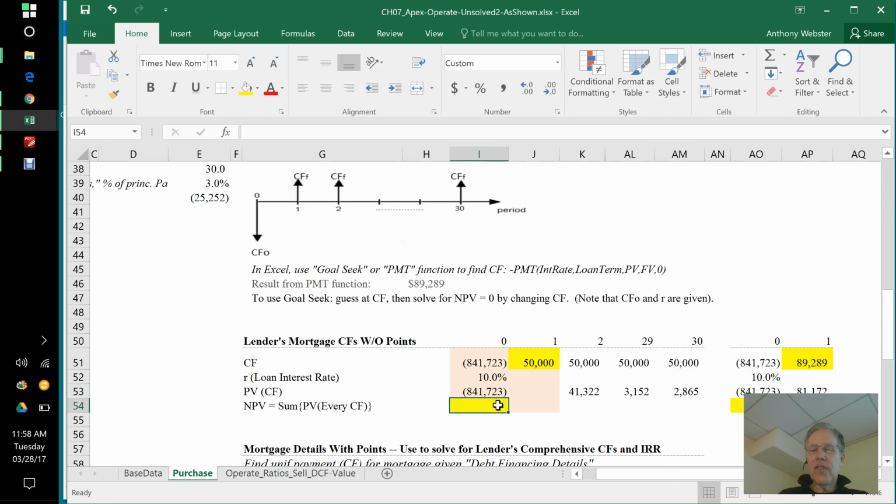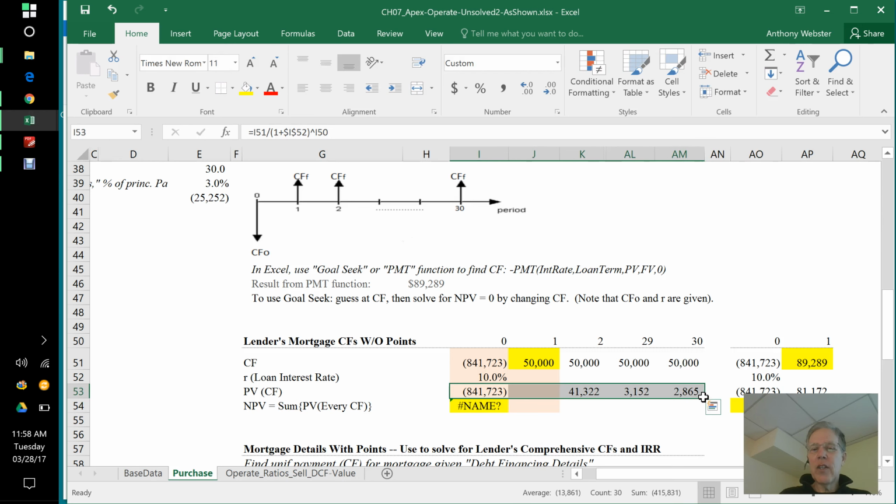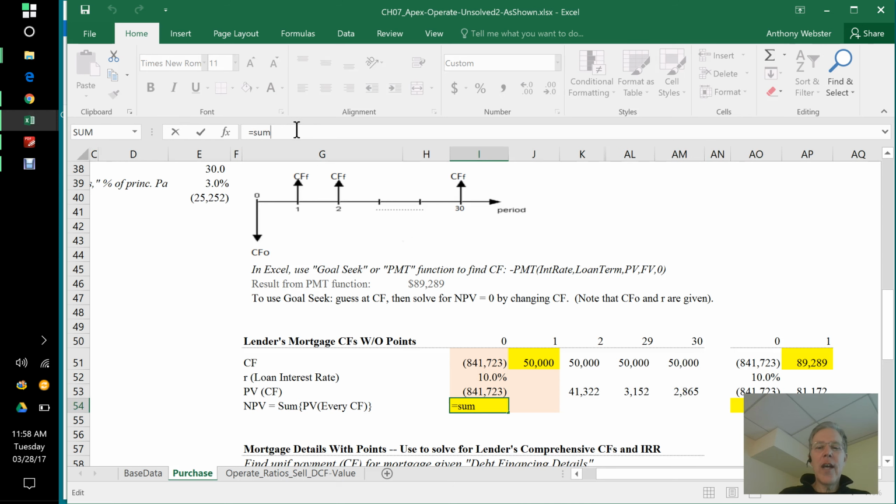And now I can sum up all the individual present values here. So I'm going to say I want the sum of all of my present values, and something went wrong with that, so let's try that again.